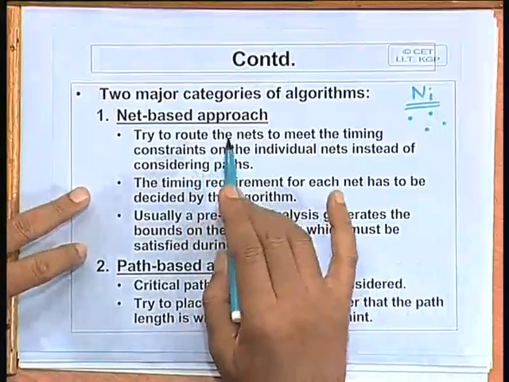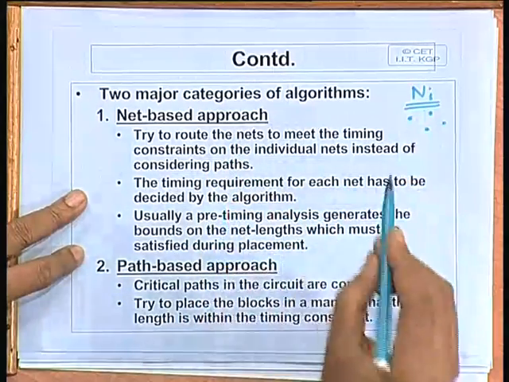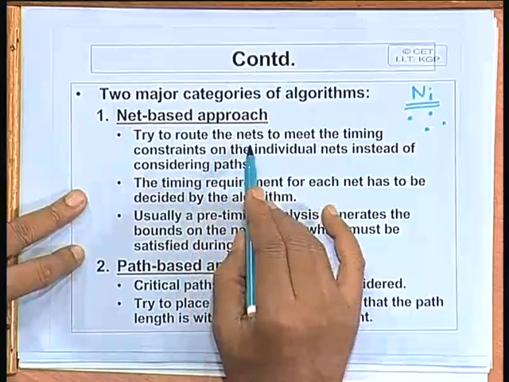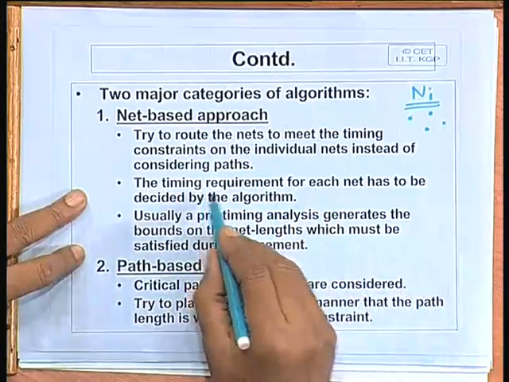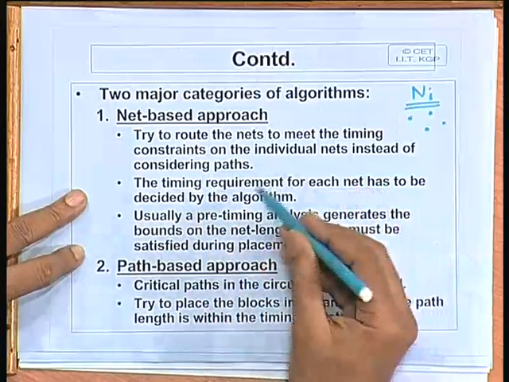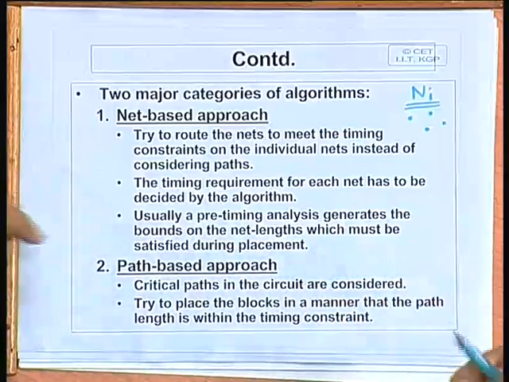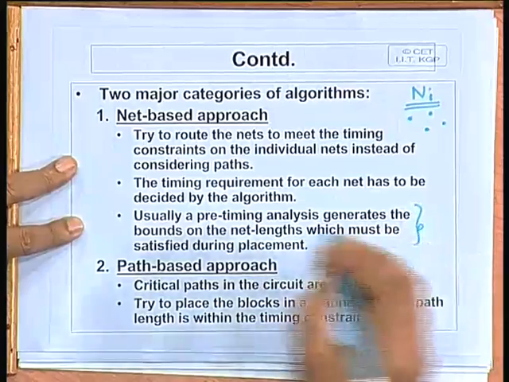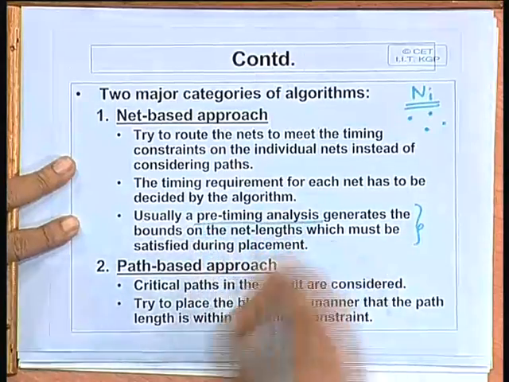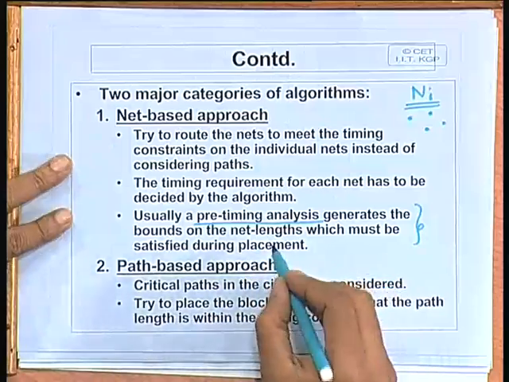Okay. So, in the net based approach, the individual nets are taken and an attempt is made to route the nets so that those constraints are met. The timing requirements, as I said, are decided by the algorithm given the user constraint, and the tool I was talking about is called a pre-timing analysis tool. This pre-timing analysis tool will give you the bounds of the net delays.